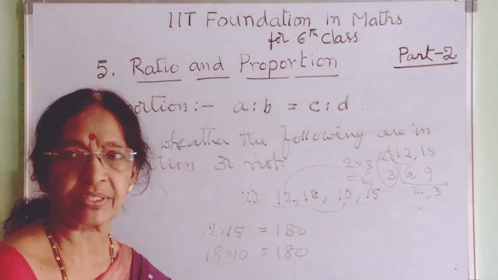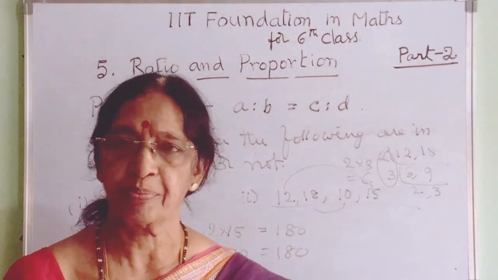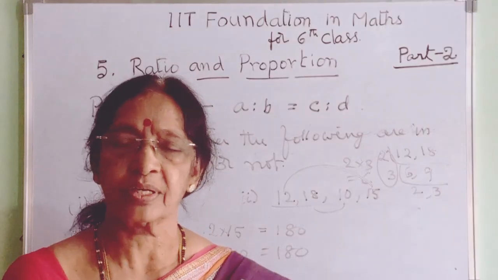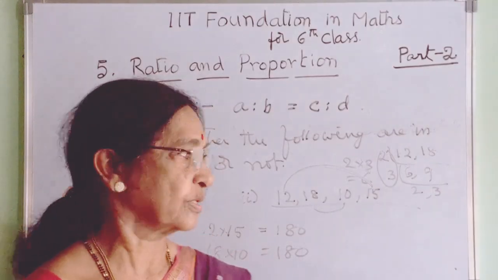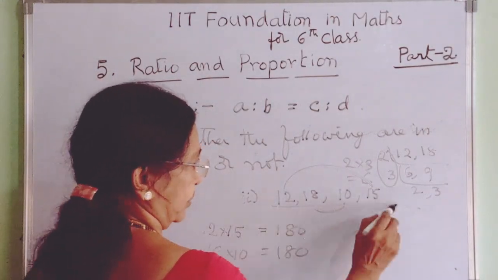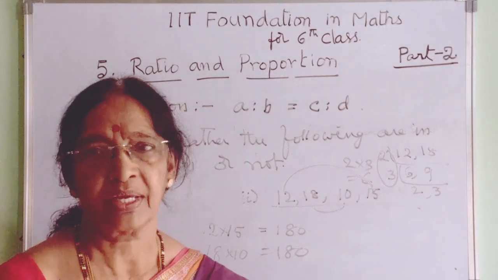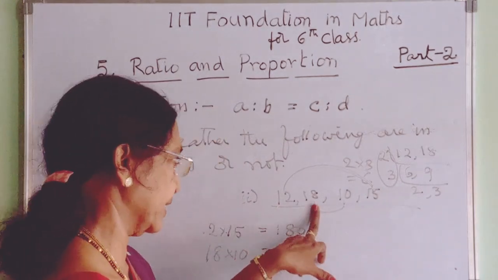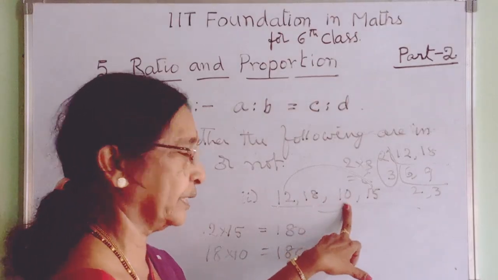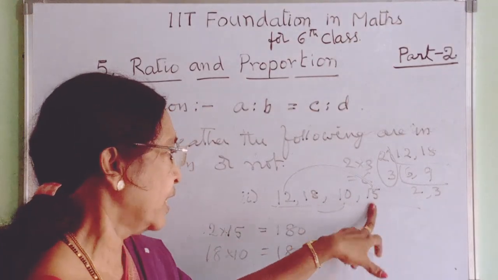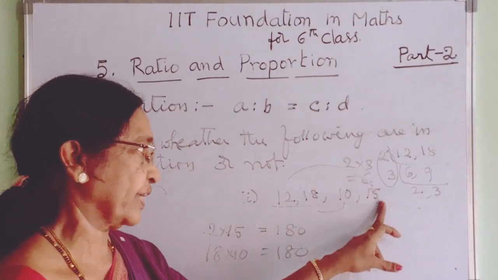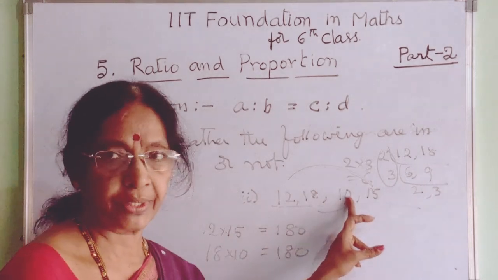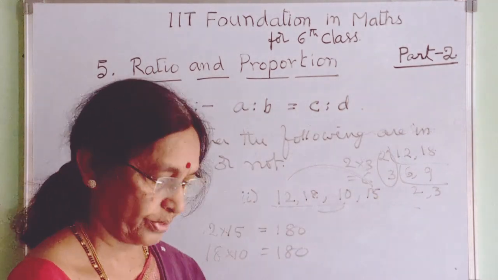Therefore, product of extremes is equal to product of means. Therefore, the four terms are in proportion. So 12, 18, 10 and 15 are in proportion. The first number is called the first proportion, the second the second proportion, the third the third proportion. The product of extremes is equal to the product of means. That is the law of proportion.